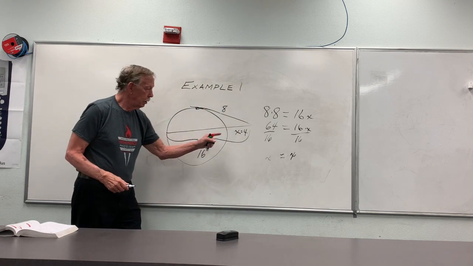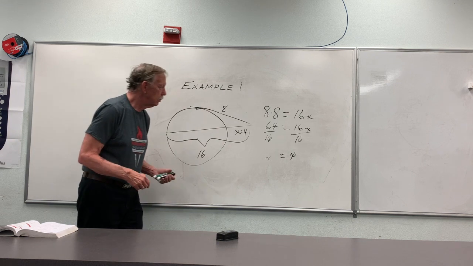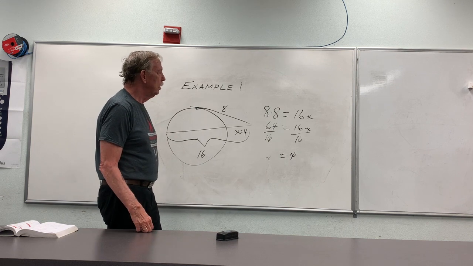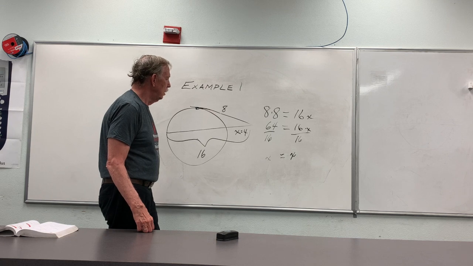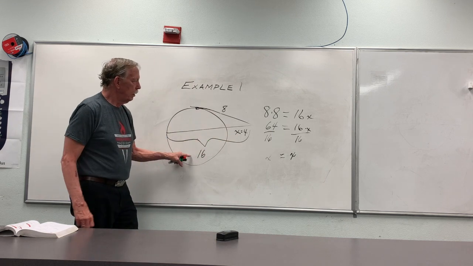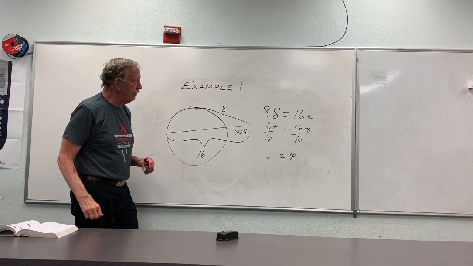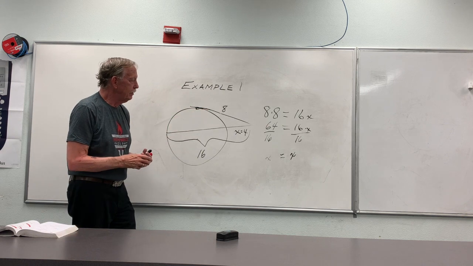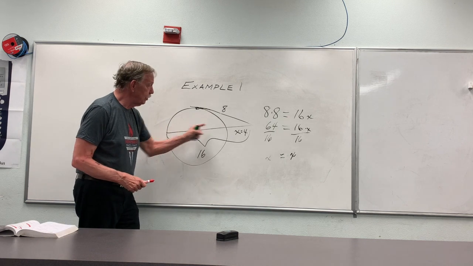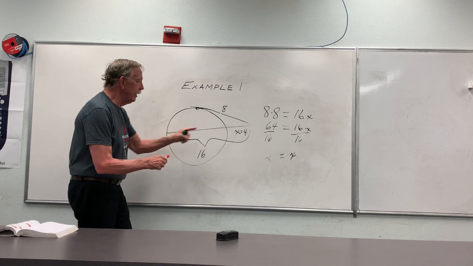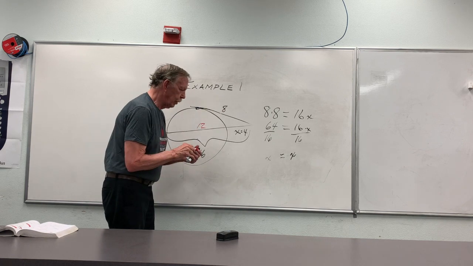And that checks. 4 times 16 is equal to 8 times 8. And along the way, we found the value of this piece too. If the whole thing is 16 and that's 4, then clearly this piece is 12.